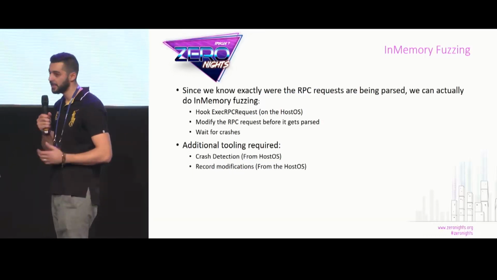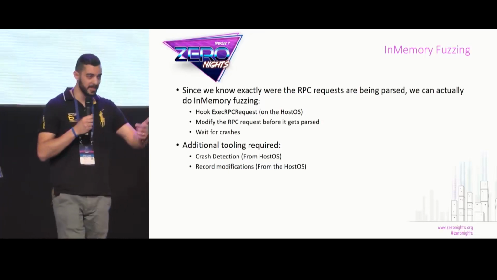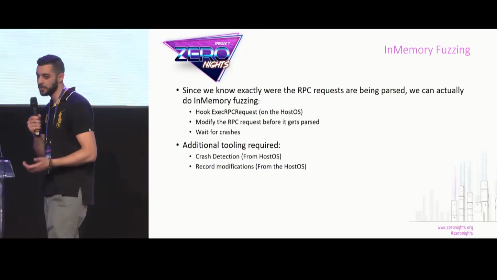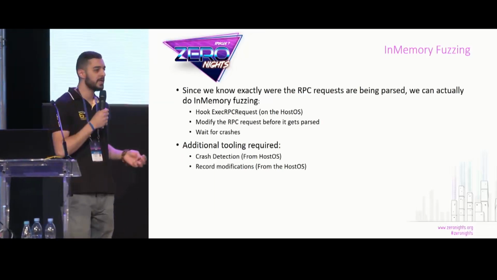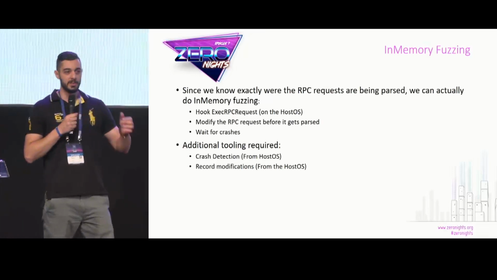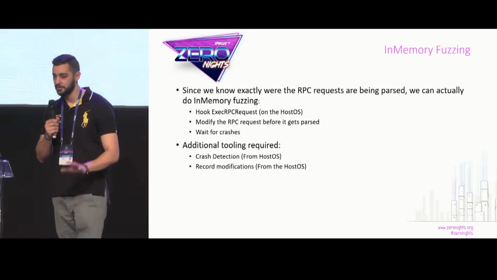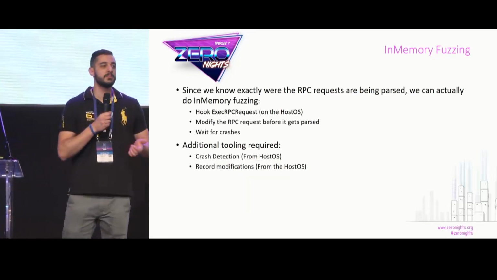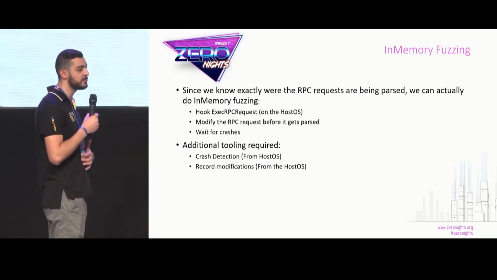So why not modify that script and just grab that request, modify it in memory, and then ship it? It works really easily and smoothly. So instead of just hooking and dumping, we hook, grab the request, modify it, ship it, and then just wait for crashes. We still have to take some things into consideration, like monitoring the crashes.